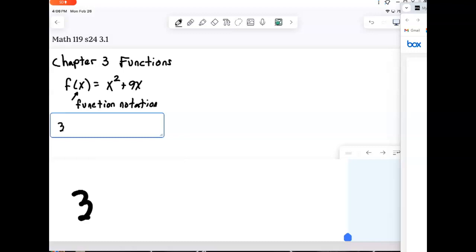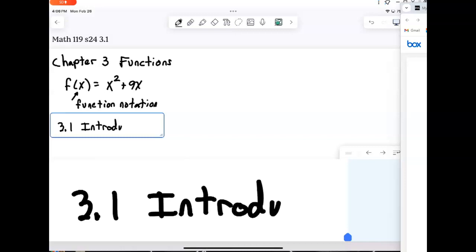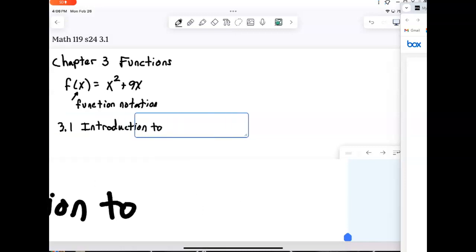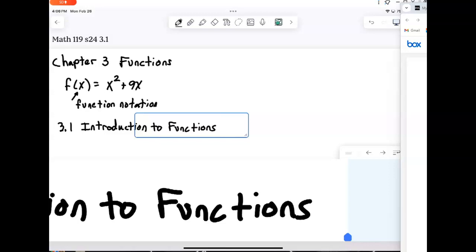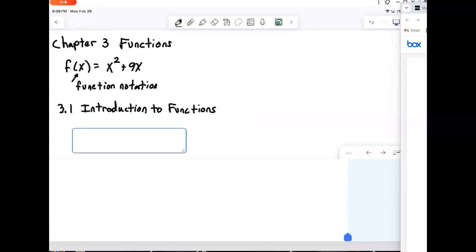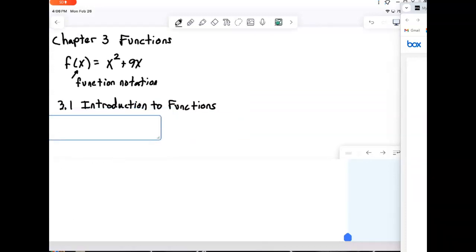So in 3.1, we review some of the ideas of a function. And so we first begin with a definition.